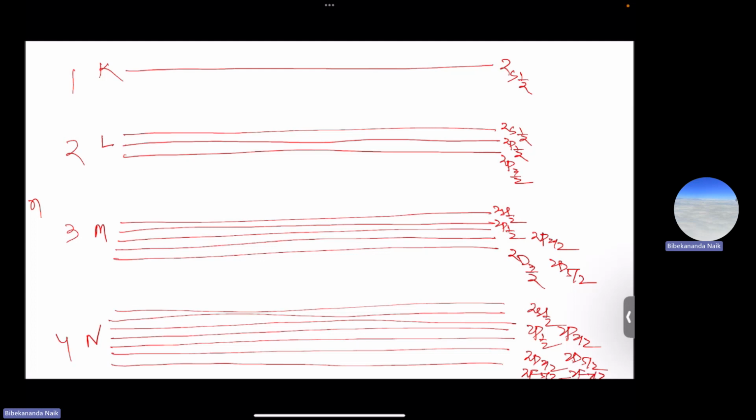So these are the levels, and we will now do the transitions. What are the rules for the transitions?